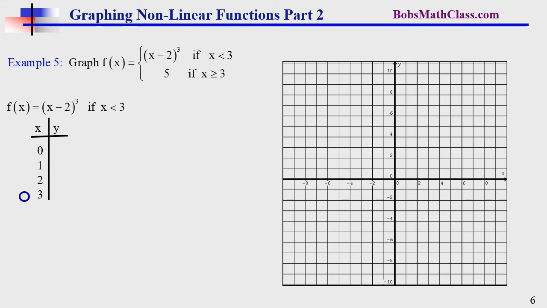Okay, so 3 was the number we're starting with, but we have to pick numbers that are less than 3. All right, plug those into the equation. You could go in any order. For 0, you get -8. For 1, you get -1. 2 is 0, and 3 is 1.